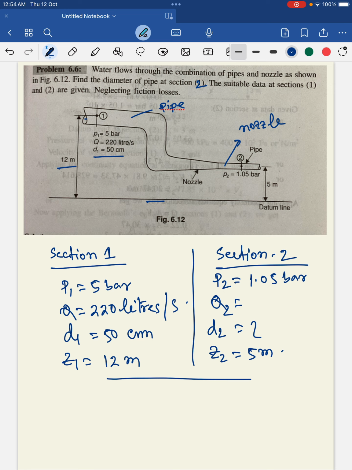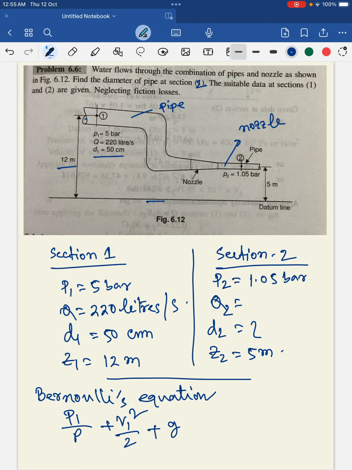It is P1 by rho plus V1 square by 2 plus g Z1 is equal to P2 by rho plus V2 square by 2 plus g Z2, at sections 1 and 2. So this is Bernoulli's equation.